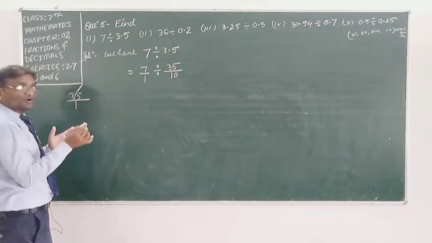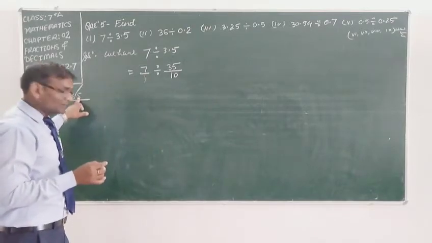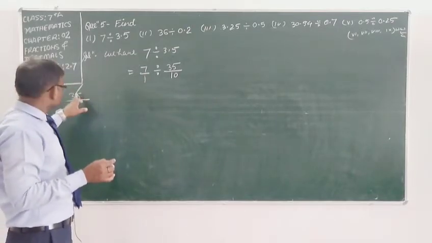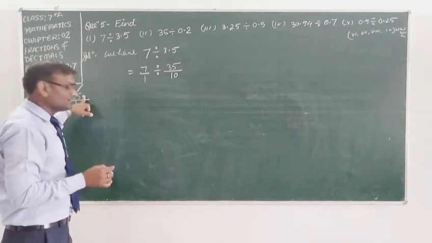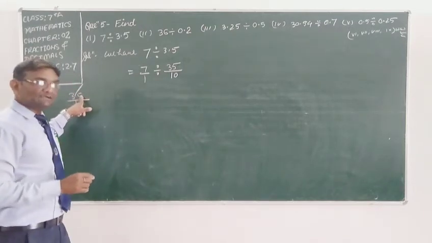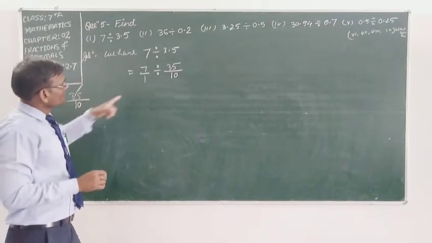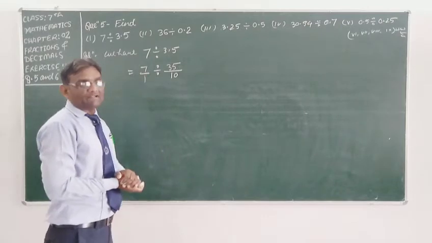How many 0? As many digits have come after the decimal point. After the decimal there is 1 digit, so we write one 0 after the 1. So 35 upon 10, student.